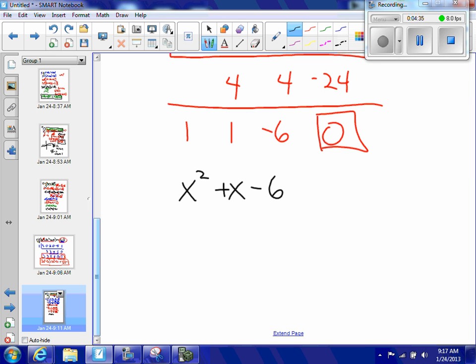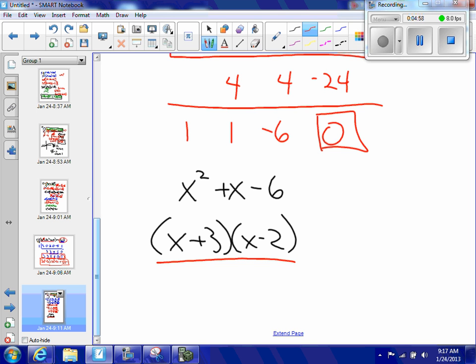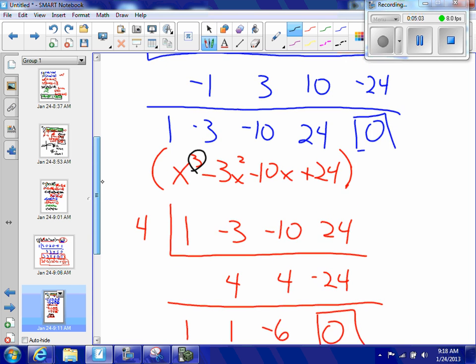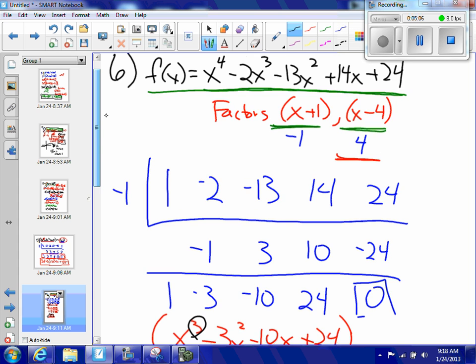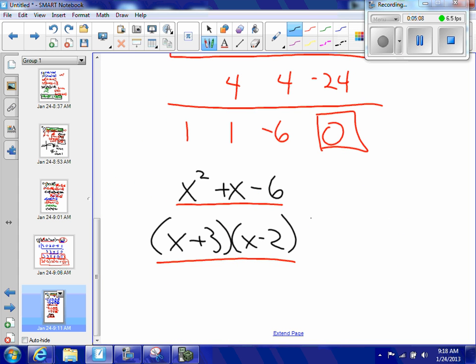Well, I'm looking at that, and I think I can factor that. And in fact, I can. I can factor that into x plus 3, x minus 2. Now, you could have done that with the quadratic formula, or you could have done it with the surefire method, however you wanted to do it, but that's what you would have ended up with. So these two are factors, and I have my original factors of x plus 1 and x minus 4.